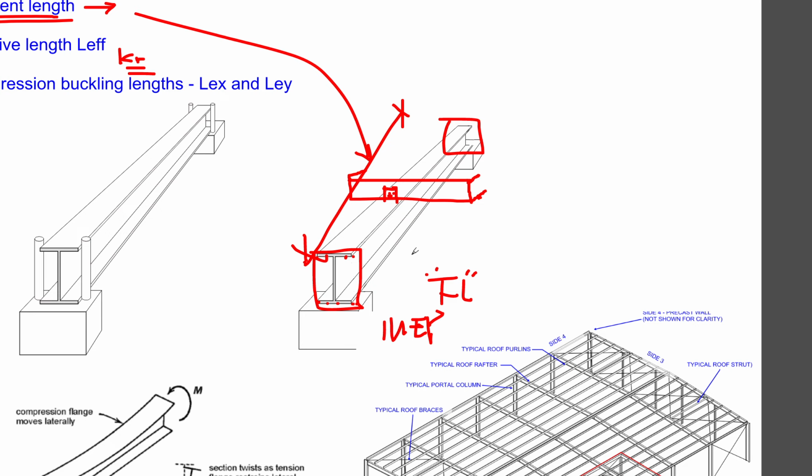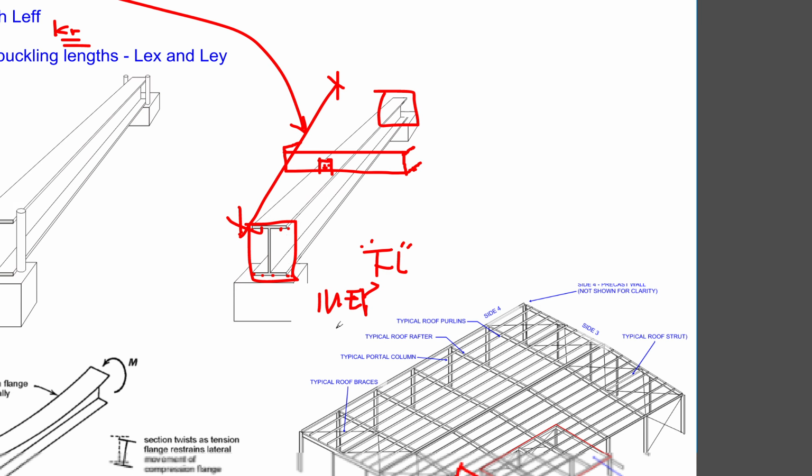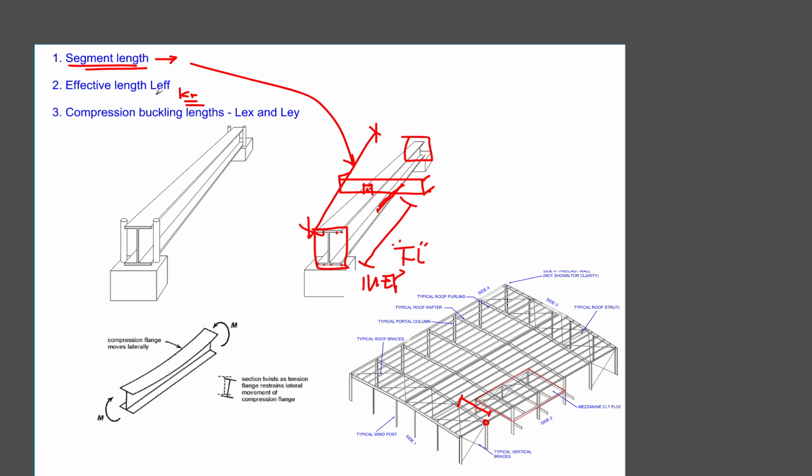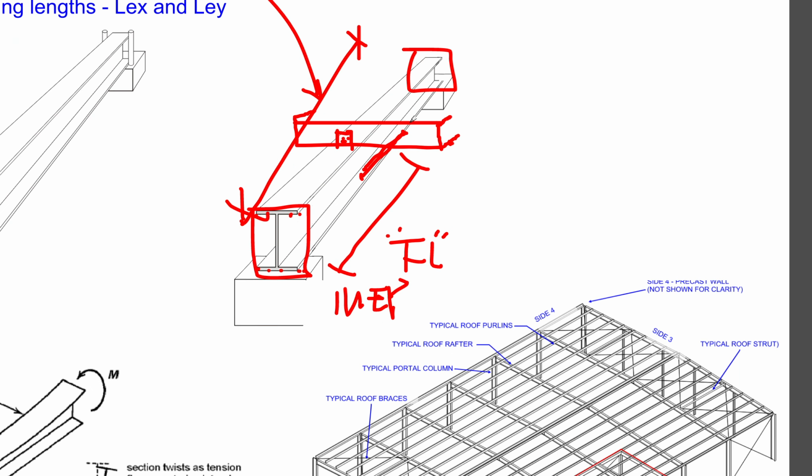you can reduce your segment length. For example, if you have an MEP at the end and somewhere here you have a strutting to the purlin, so this length is your segment length. But when you're talking about effective length, if you have this sort of configuration, your KR, you can use 0.85.